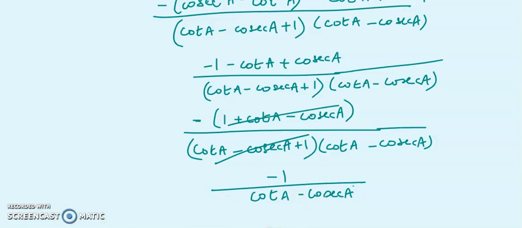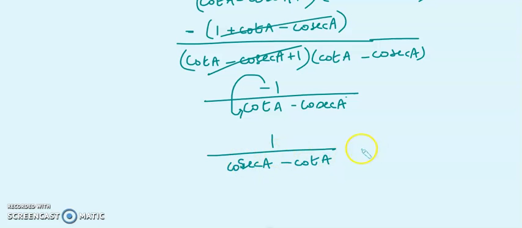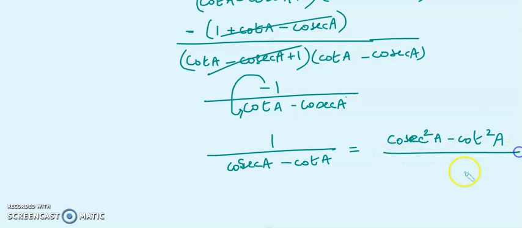Now what we have to do, we'll write the formula for 1. Before we do that, we are going to shift this negative to the bottom. So it will become 1 upon cosec A minus cot A. Now put the identity, cosec square A minus cot square A, in place of 1.